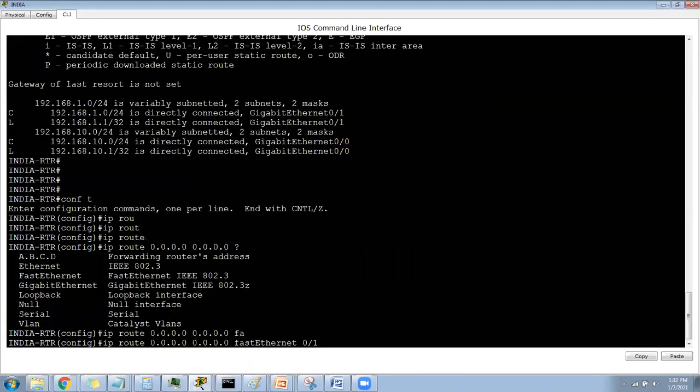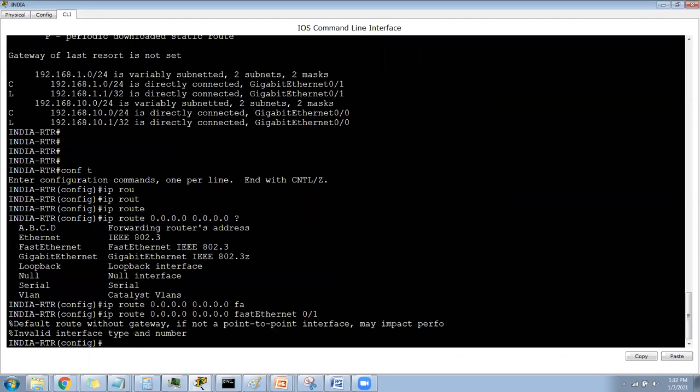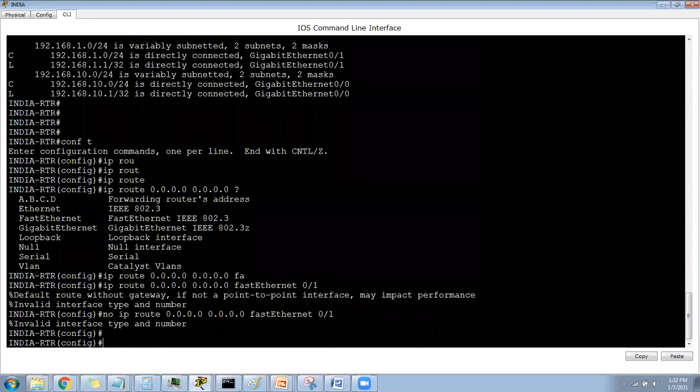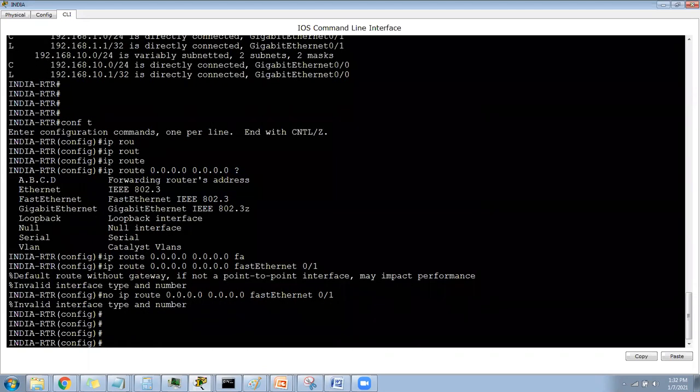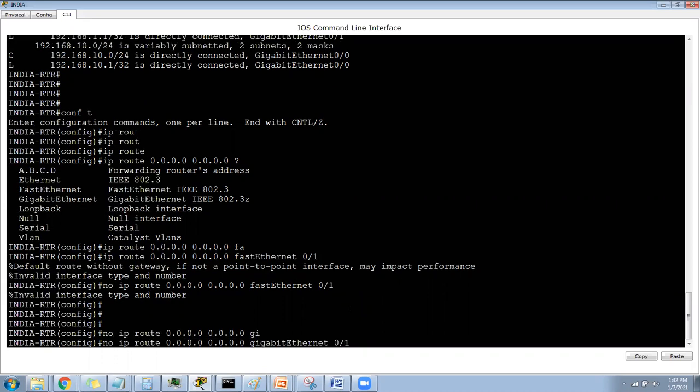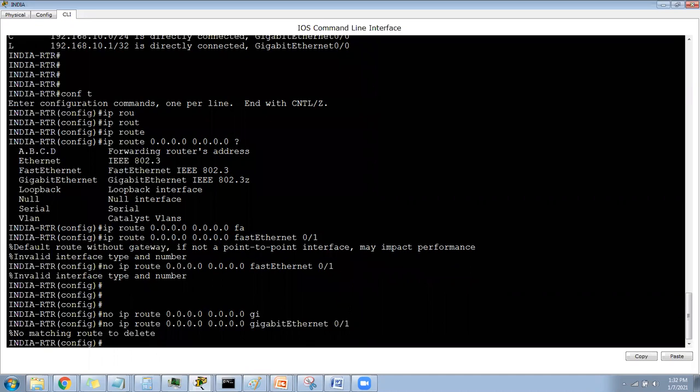If I put it here, it may give an error. It's saying point-to-point interface may impact performance, so I can just go and remove this. No, it says invalid number, this is not available. So GigabitEthernet 0/1.